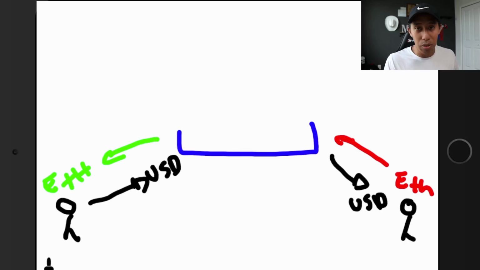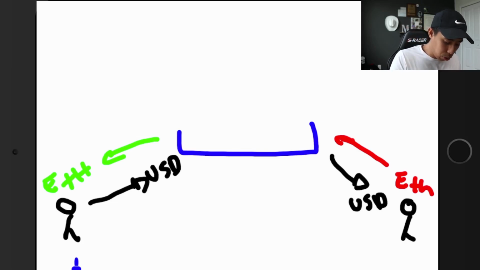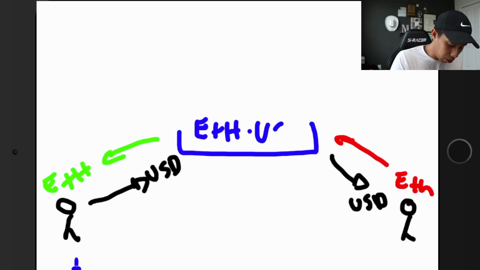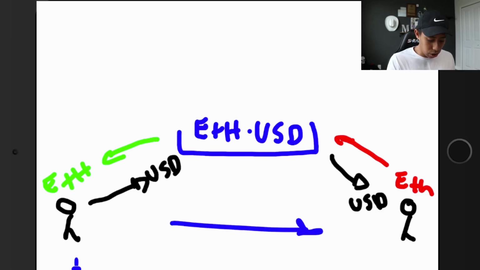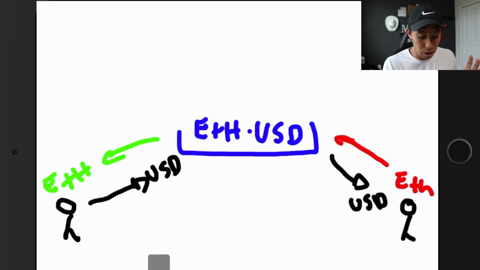Just for this example, USD. So what that means is that this pool needs to have and contain 1 part Ethereum and 1 part USD, right? That makes a lot of sense. So now these people are no longer trying to trade with each other or trying to change with an exchange. No, that doesn't happen anymore. Now they are trading to Uniswap and their liquidity pools.